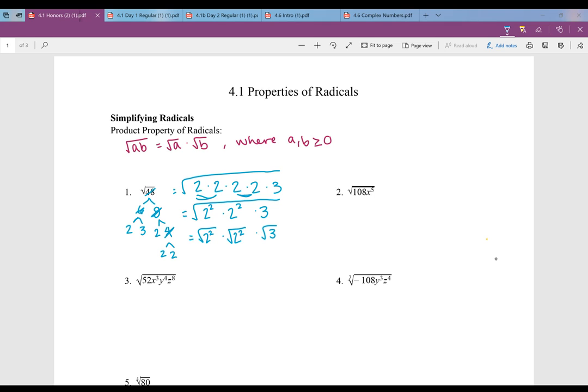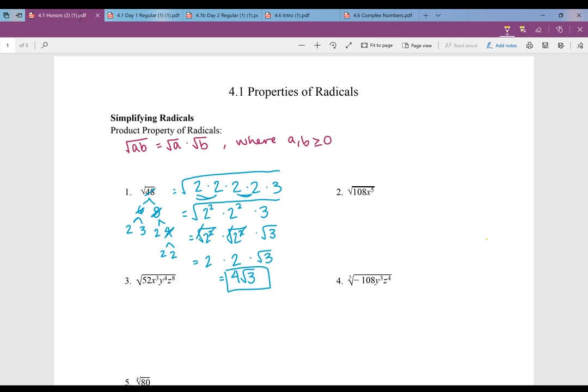The square root of 2 squared is just going to be 2, right? The squared and square root cancel. And again here, so we have 2 times 2 times root 3, which equals 2 times 2 is 4 times root 3. That would be our simplified version of root 48.